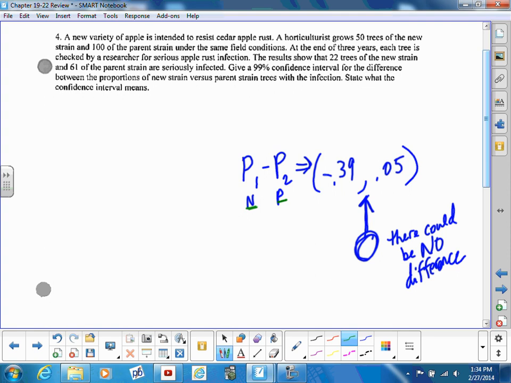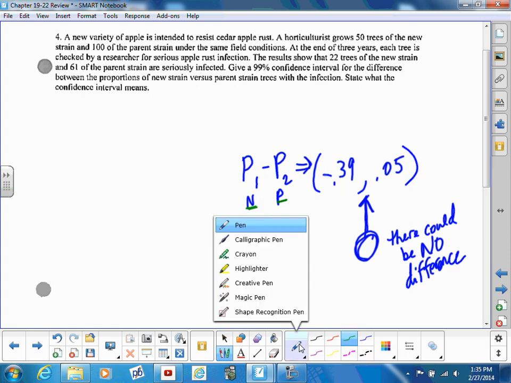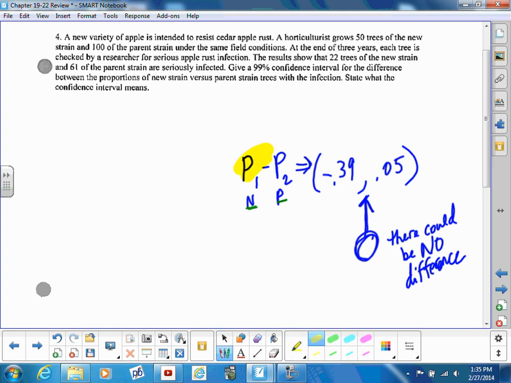Okay. It is essential that you define right here which way you subtracted, that you have this as P1 minus P2. This is absolutely critical, because that way when you get a number like negative 0.39, so negative 39%, if you subtract and you get negative 39%, which of the proportions is higher?